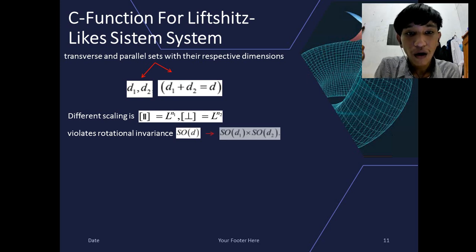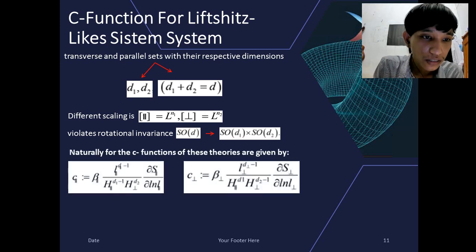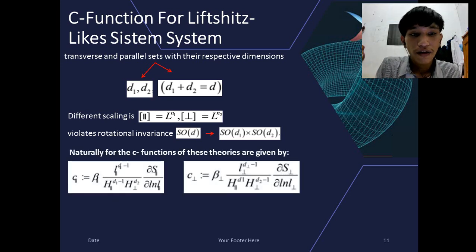If SOD1 times SOD2 has the relation for the time instead, I got naturally the shift functions of this theory and give it to the equations. You can see that in the equations.